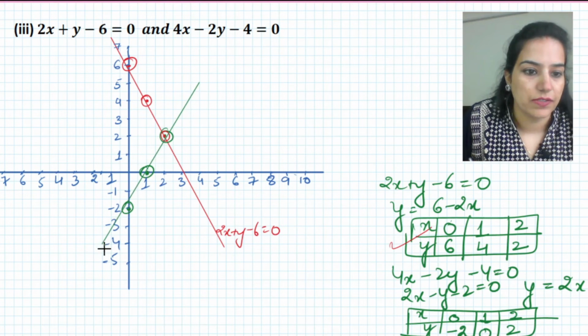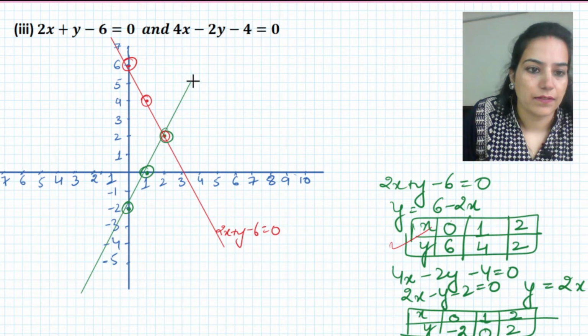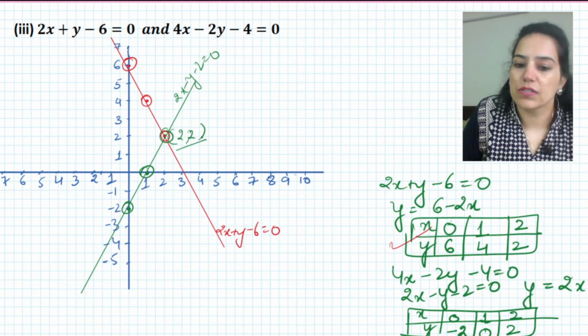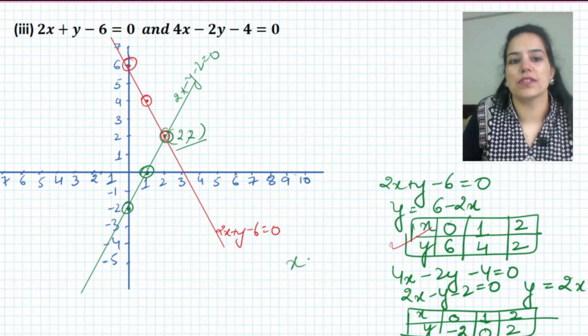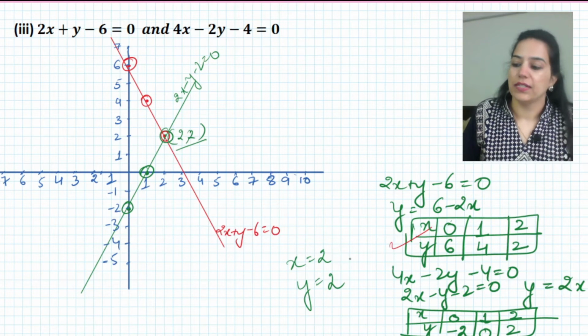So these three can be joined. That's it. So this is 2x minus y minus 2 equals 0. And what is this point? 2 and 2. So this is your solution. The solution here is x equals 2 and y equals 2.